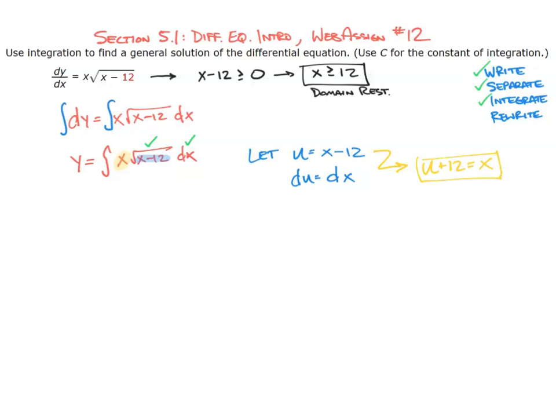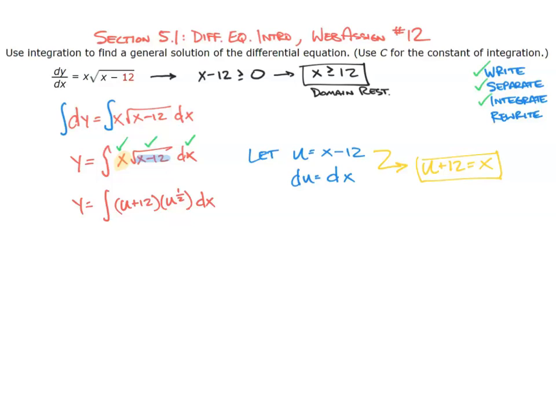Oh, that's beautiful. That's now our substitution for x. So this then becomes the antiderivative of u plus 12 times the square root of u dx. Still can't antidifferentiate in this form because it's a product.